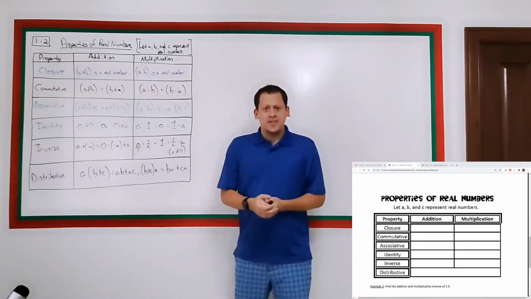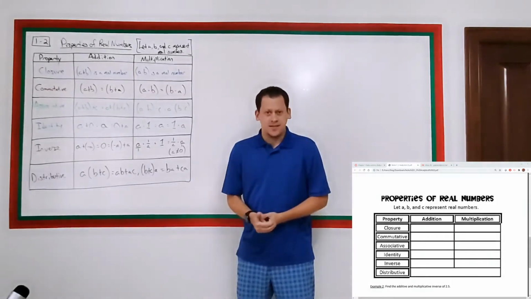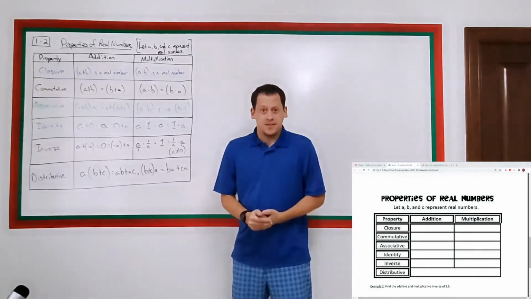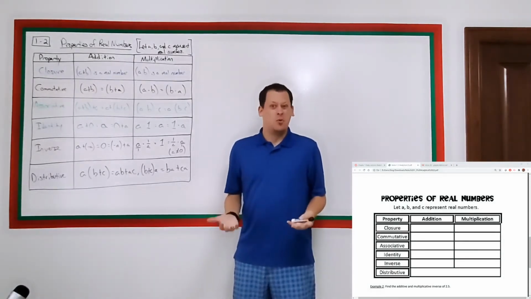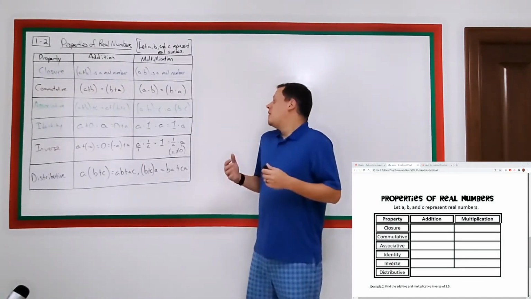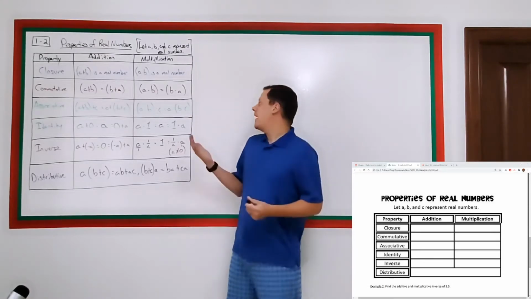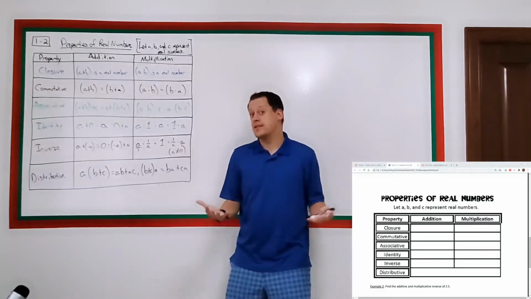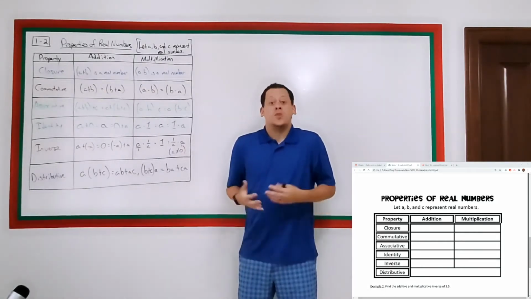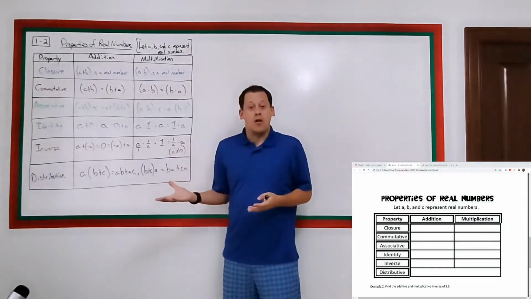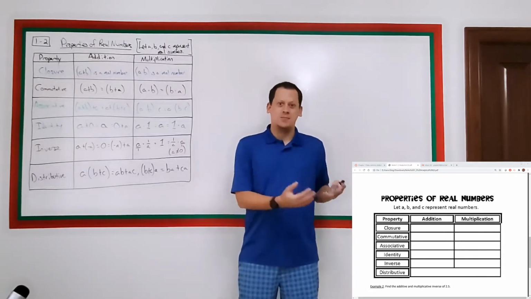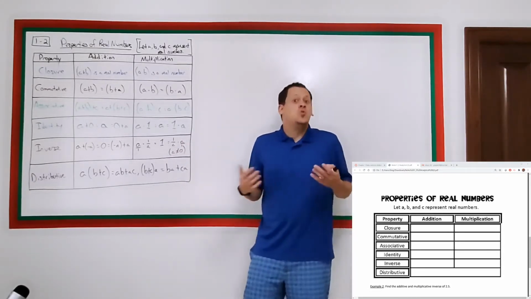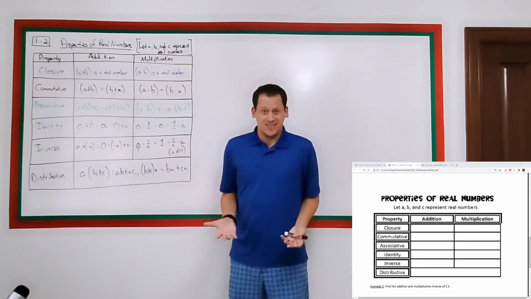Why did I just spend about 10 minutes telling you about these properties? It was probably really boring, right? You might be given an example of one of these properties and be asked which property is being illustrated. You need to know what the properties are and when each one is being used. You also need to know how to use the properties.